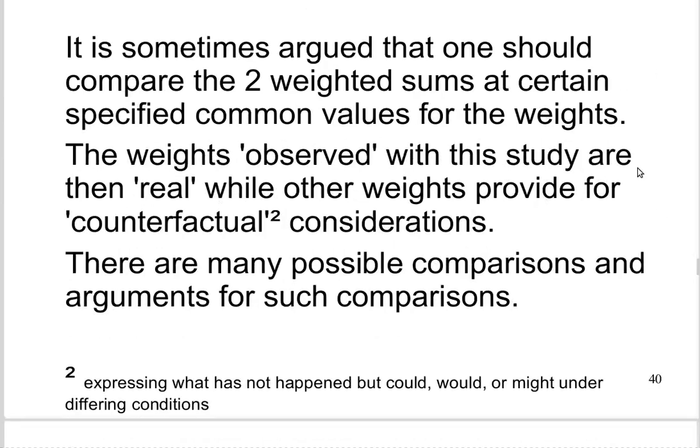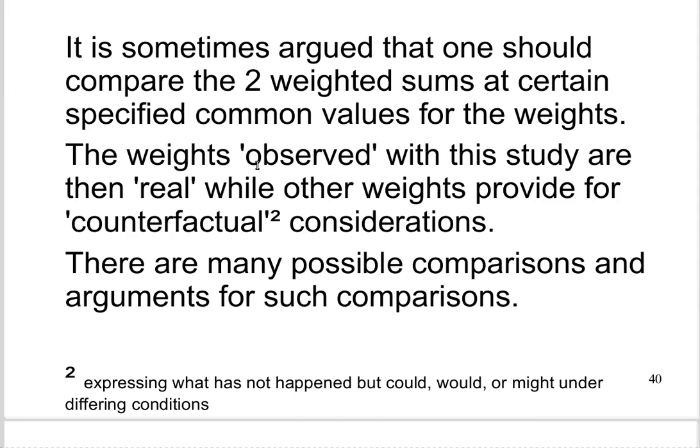So, a definition: a counterfactual expresses what has not happened but could, would, or might under different conditions. Many of you may have come into contact with counterfactuals, and the term appears in a number of different places in the epidemiology and biostatistics literature.